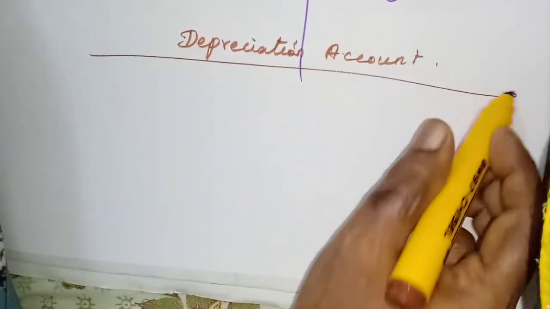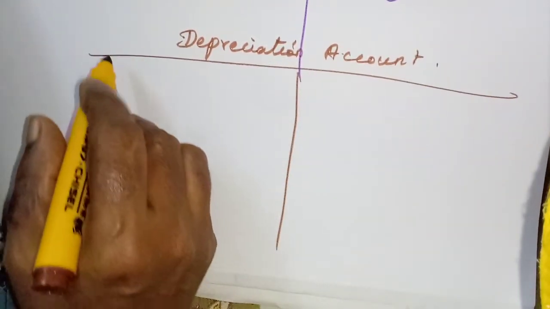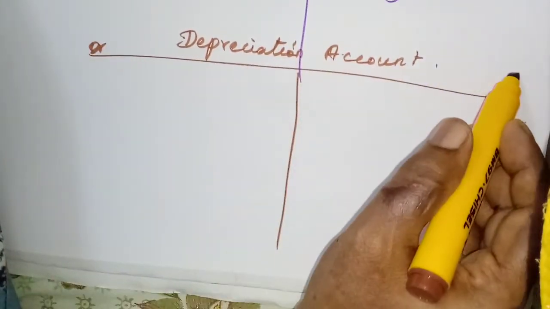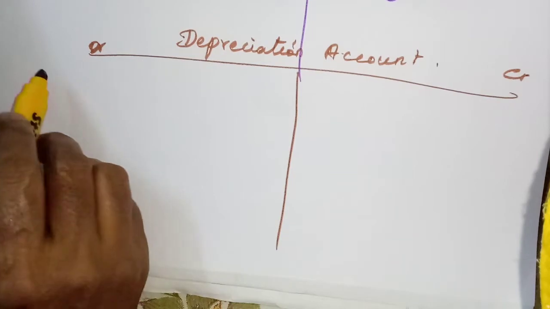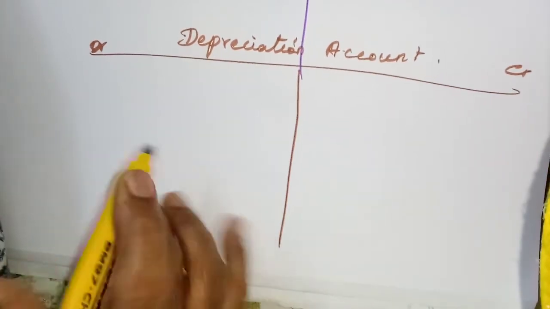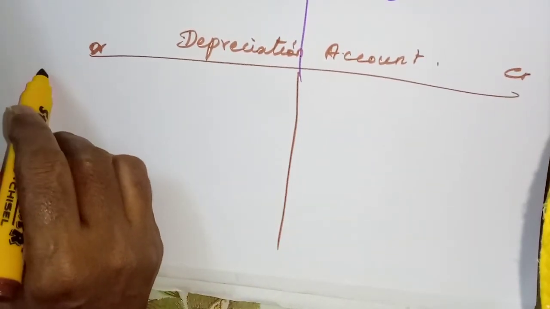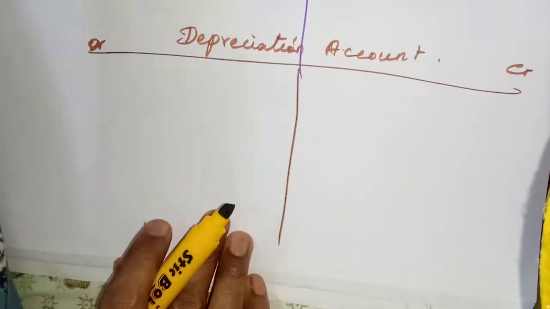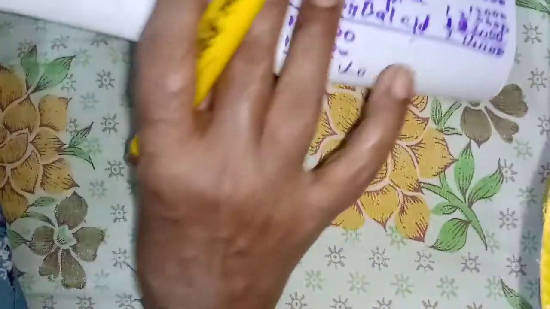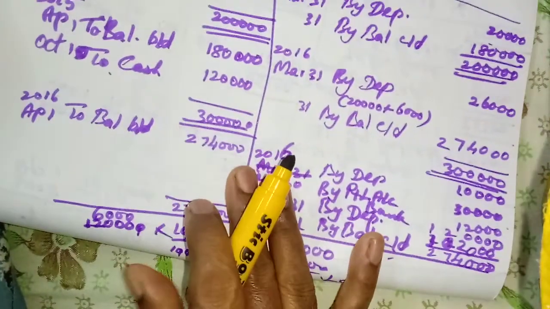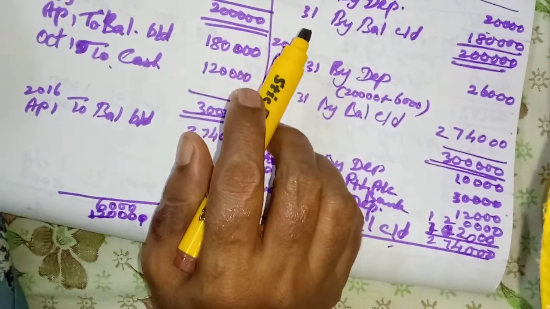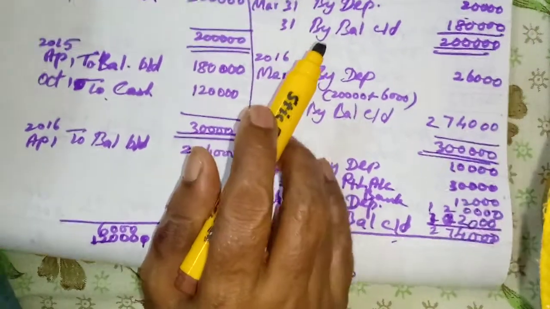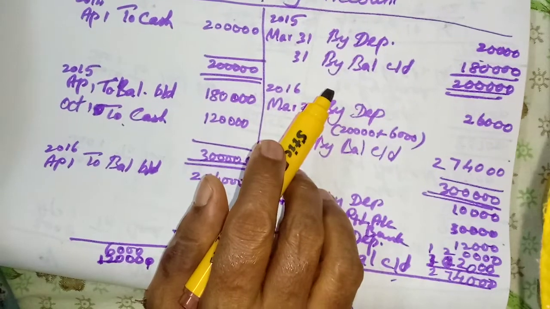Depreciation account has two sides, debtor and creditor. We need to write the date from the machinery account. In the first year, in the journal entries we prepared two entries, isn't it?